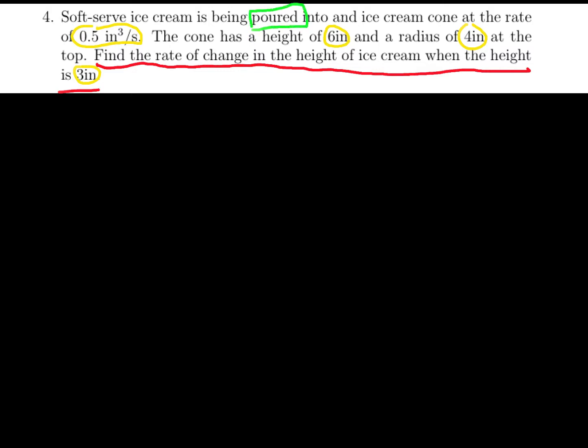So coming in at a rate, so that's a derivative. The cone has a height of 6 inches, so that's going to give us a variable and a radius of 4 inches, and we want to know the rate of change of the height. So that's another derivative.